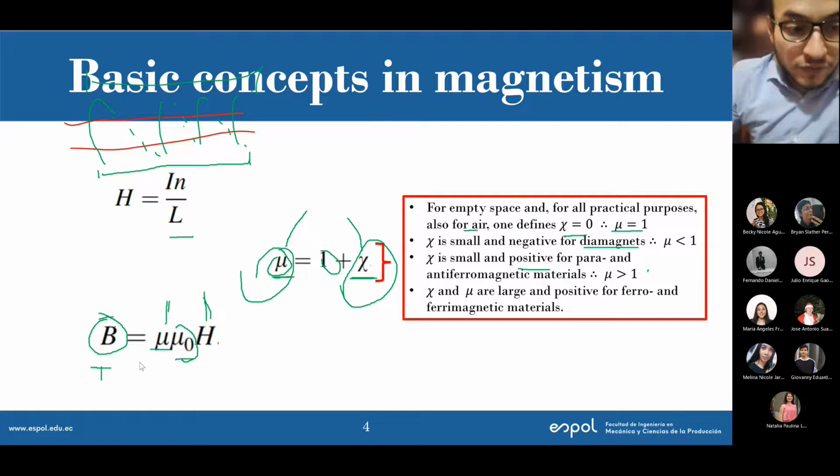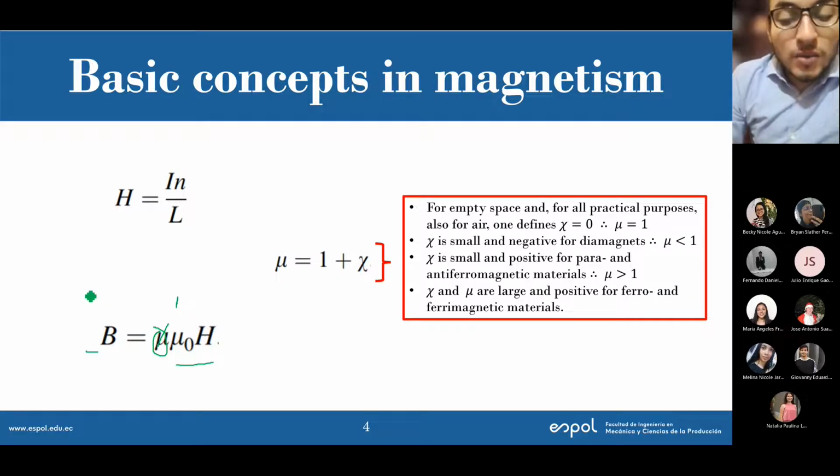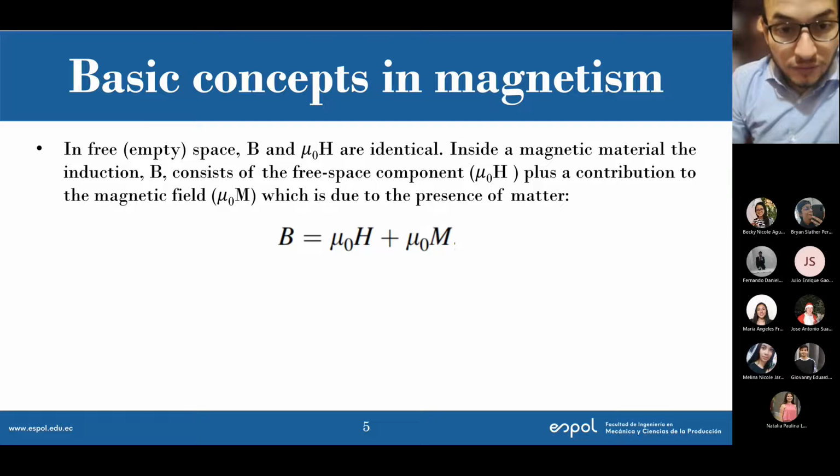Because if we are in free space, this just becomes 1. So I only have this and that. So yes, the magnetic flux equals mu naught, the permeability of free space, times the magnetic field strength. Okay?